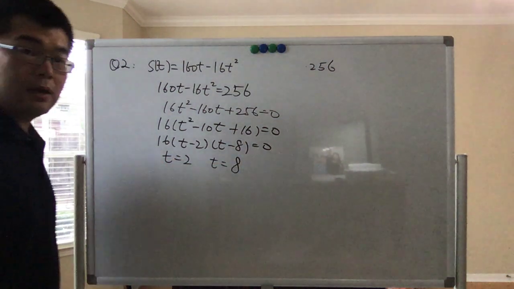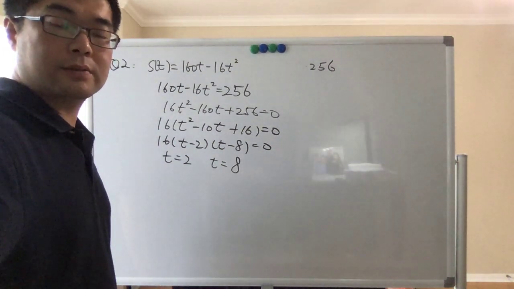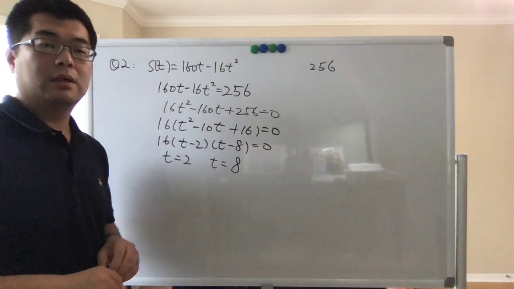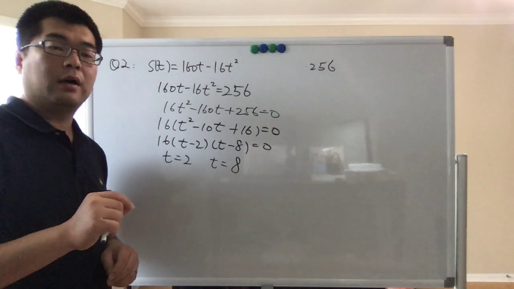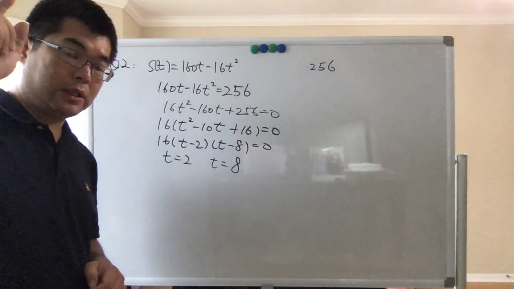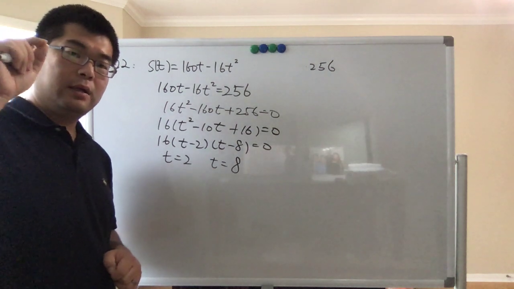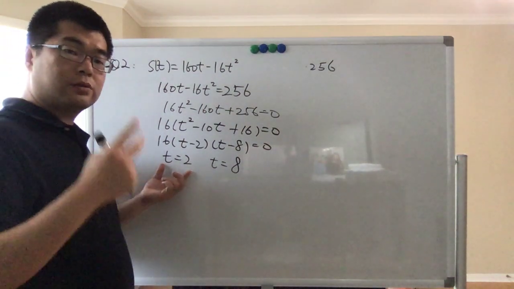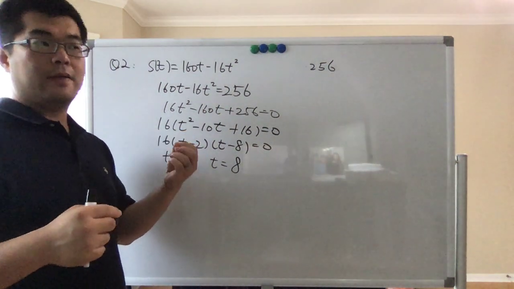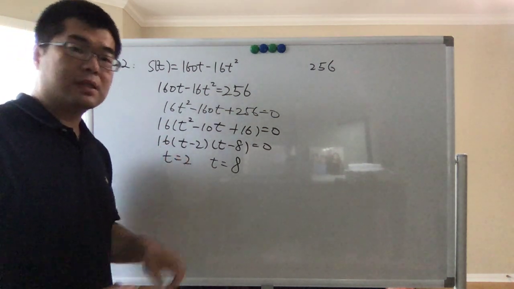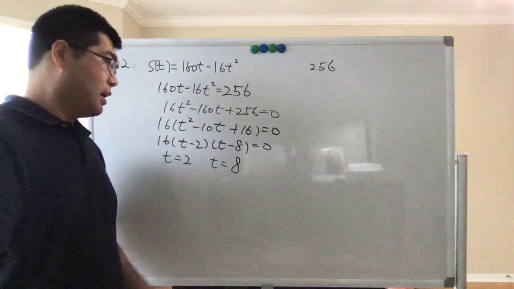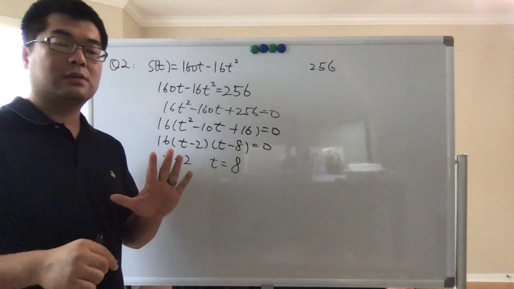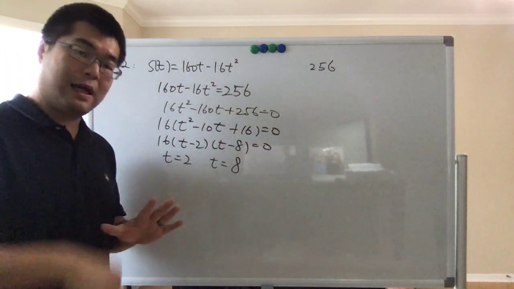Now let's think about what that means. Remember from part 1, at t equals 5 the rock reaches its highest height, and after that it goes down. So do you agree that when t equals 2 seconds, it has not reached the highest height? That means the rock is still going up. And when t equals 8, it's already past 5 seconds, so the rock is going down to the ground.